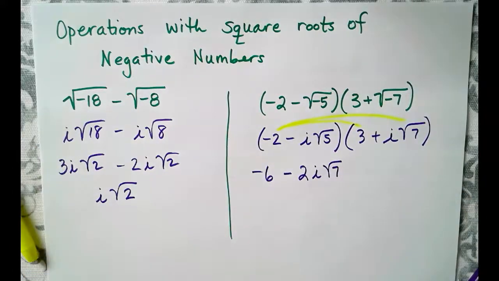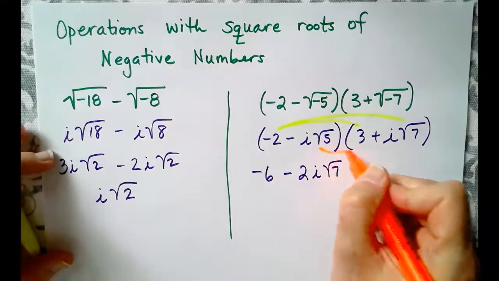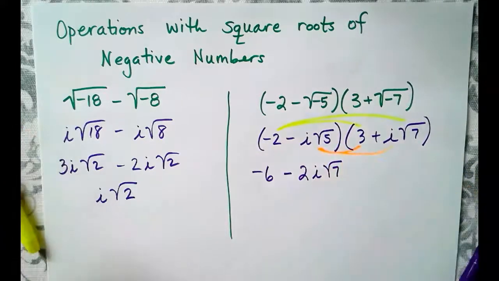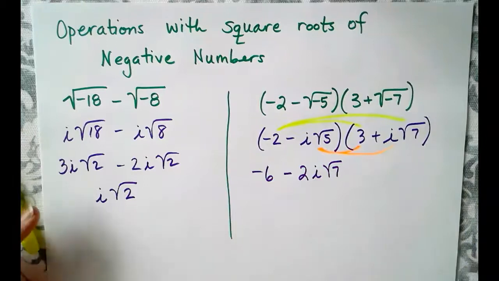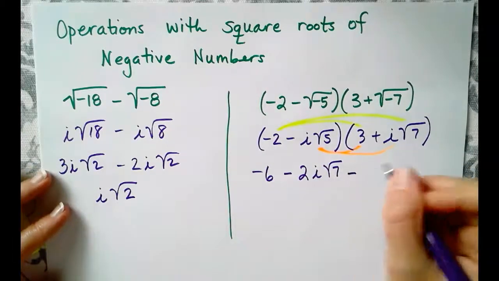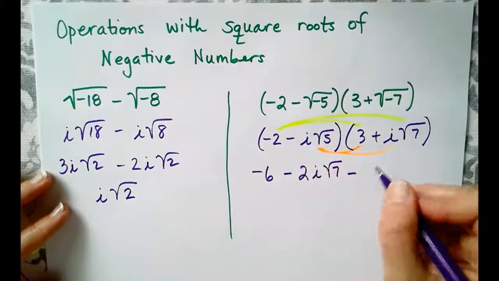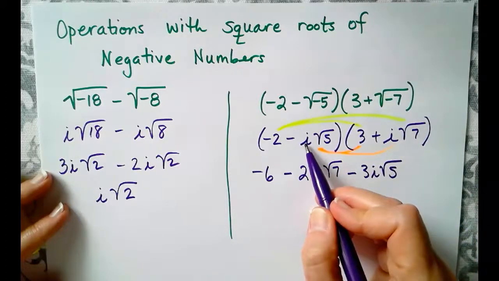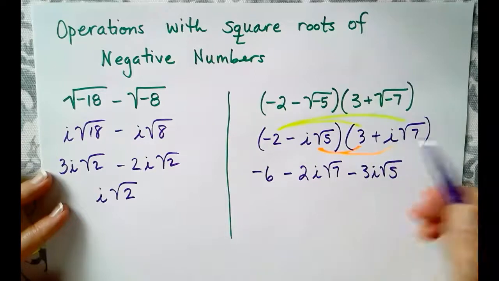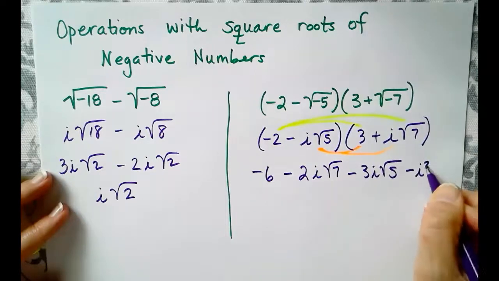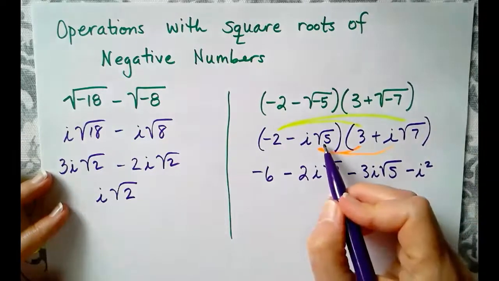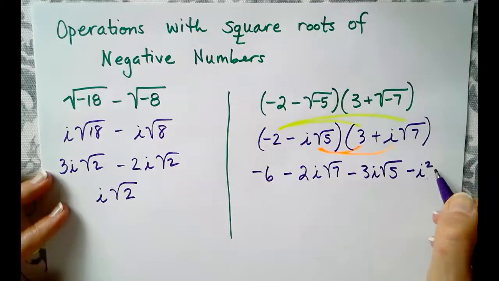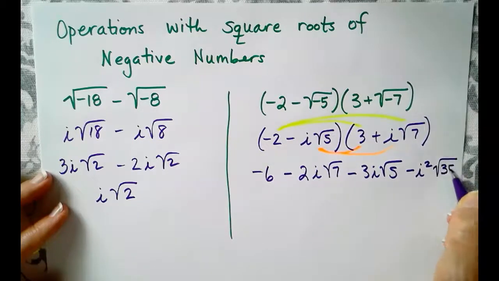Now we're going to take the negative i root 5 through the second set of parentheses. That will be -3i root 5. And then finally, negative i times positive i is -i squared. Root 5 times root 7 is root 35.